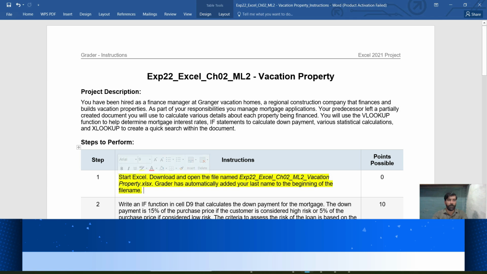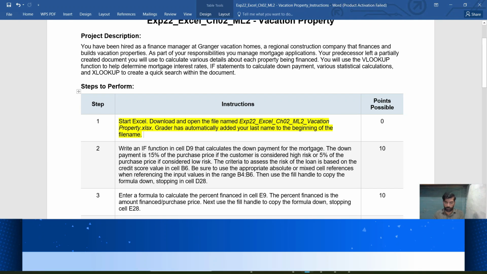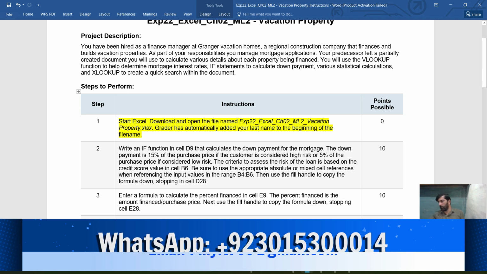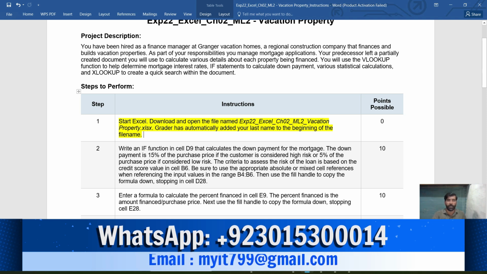This is the first step of the assignment. In this first step, the assignment says that we just have to download and open EXP 22 Excel Chapter 2 ML2 Vacation Property.